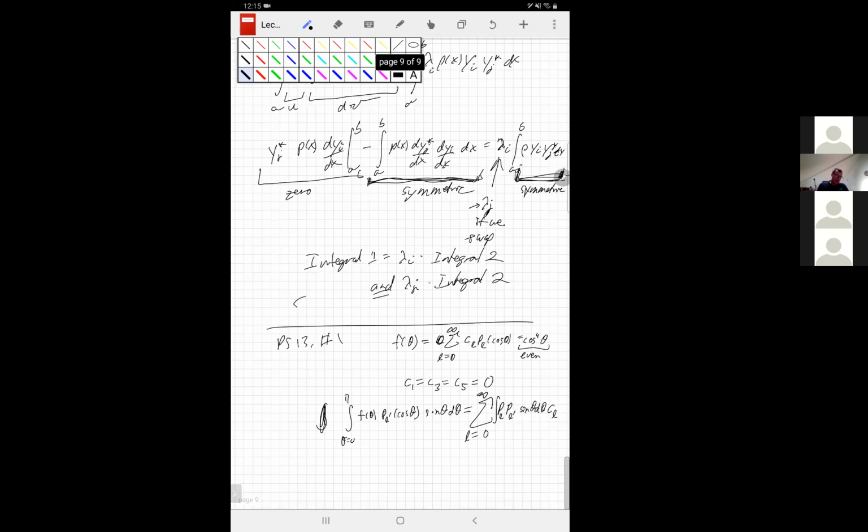Okay. And so C_L, if I do this correctly, this integral here is 0 unless L prime equals L. So then I get that C_L times the integral of P_L squared of cosine theta, sine theta, d theta, 0 to pi, is equal to the integral of cosine to the 4th theta, sine theta, P_L of cosine theta, d theta.